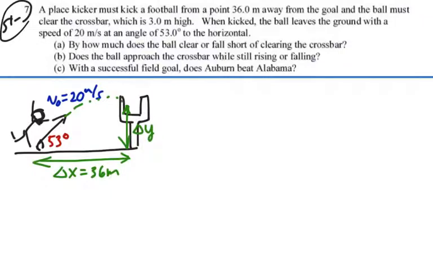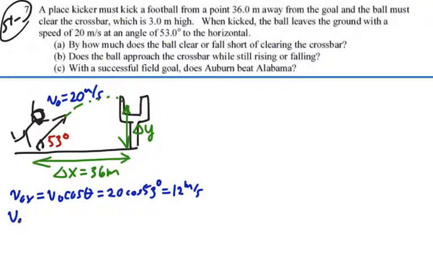So it's really simultaneous motion. The time is the same for both, and we have kinematics going on in the x direction and the y direction separately, and they're both happening at the same time. We're interested in the initial velocities for both the x and the y motion. Our initial velocity in the x direction is going to be equal to our initial velocity times the cosine of our launch angle, which is 20 times the cosine of 53 degrees, and that is equal to 12 meters per second.